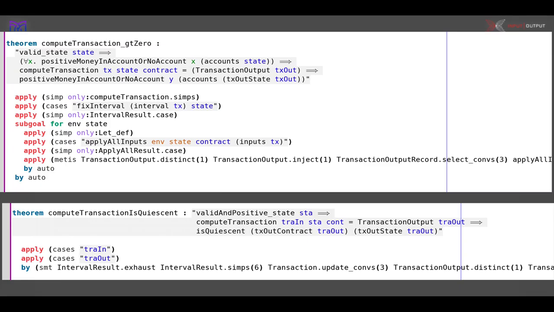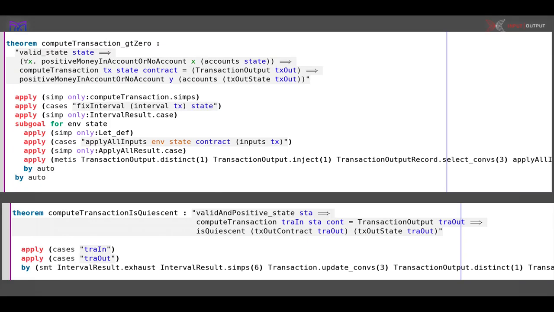So each transaction will preserve that property. So typically we start off with no money in any of the accounts, we finish up with only positive amounts of money in accounts. So that's giving a guarantee of how the machine behaves, irrespective of what happens, irrespective of whatever contract we execute.